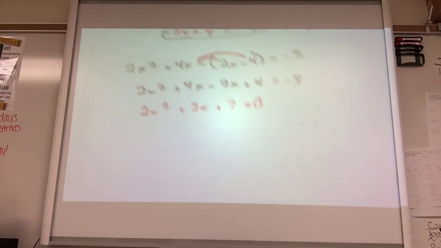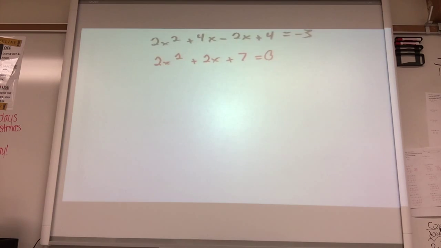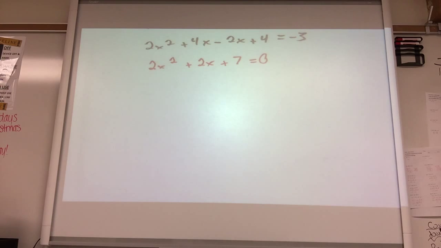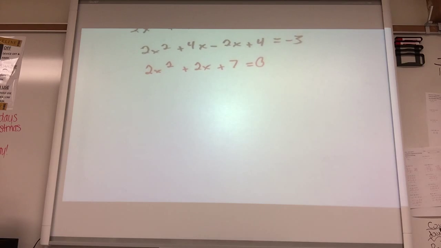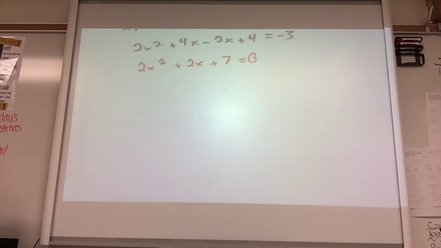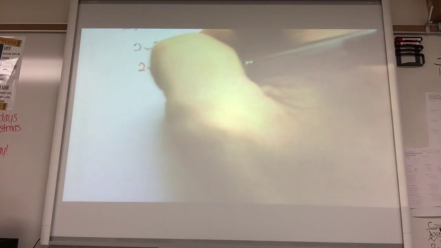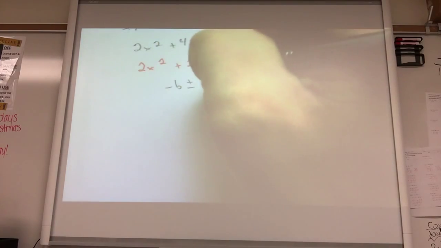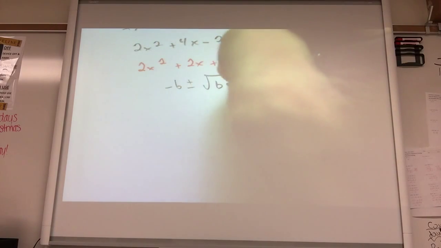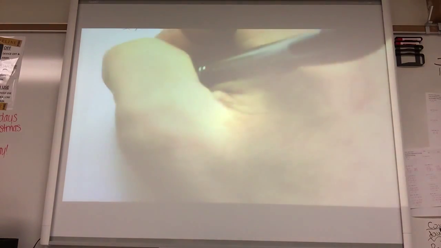Now from here, I can solve using the quadratic equation. I don't know if I can factor this and solve it. So it looks like I can solve using the quadratic formula. If you really wanted, I guess you could complete the square or something like that, but I would just stick to the quadratic formula. So you've got negative b plus or minus the square root of b squared minus 4ac, over 2a.